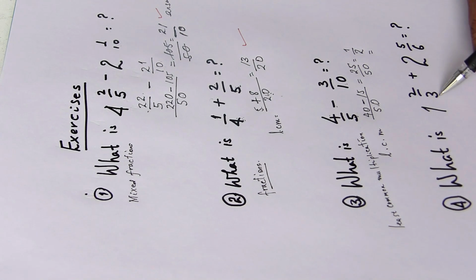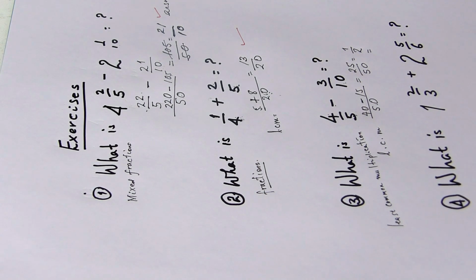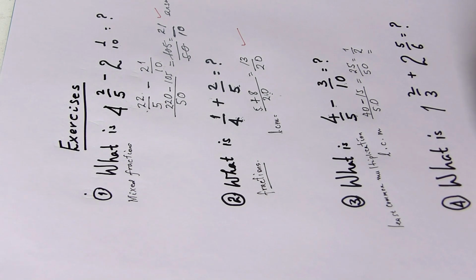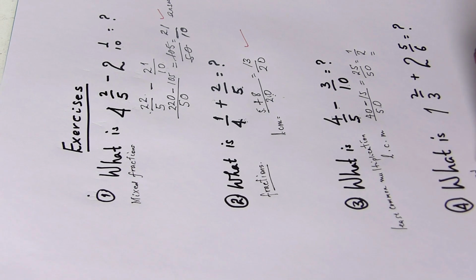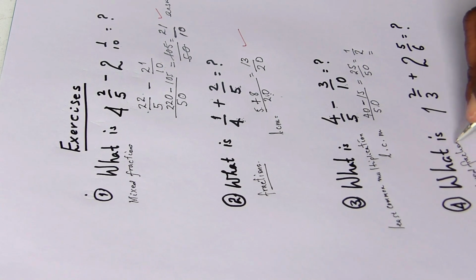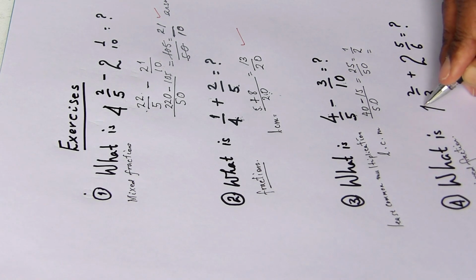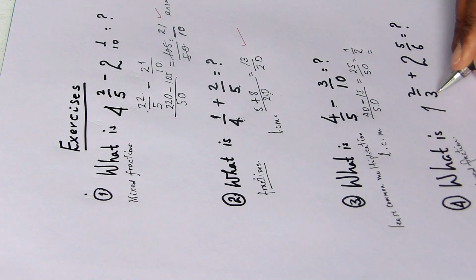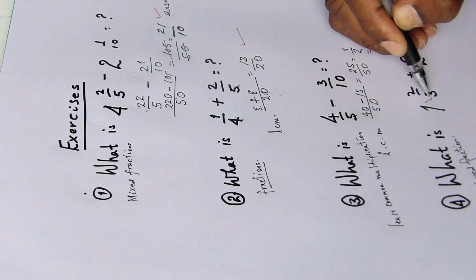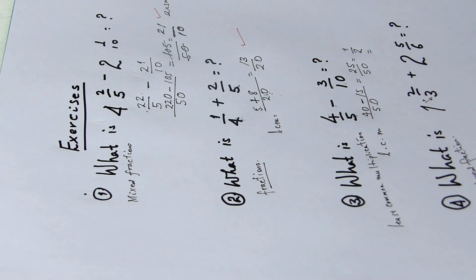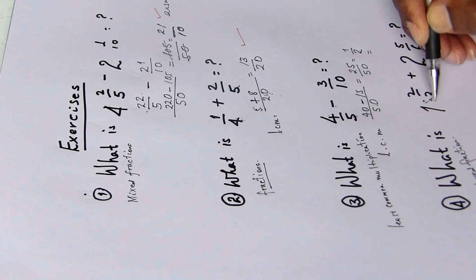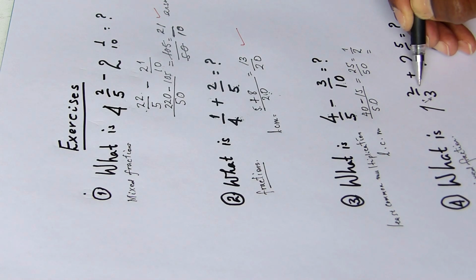Number 4. What is 1/3 plus 2 5/6? This is again a mixed fraction. Okay, let's change it into a fraction. This mixed fraction has to be changed into a fraction to get the solution. 3 times 1, multiply this by this, then add this one.